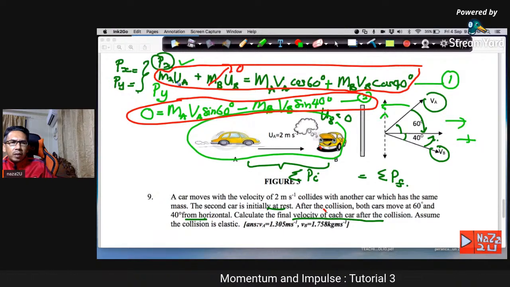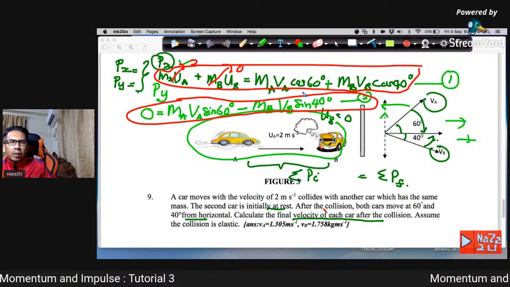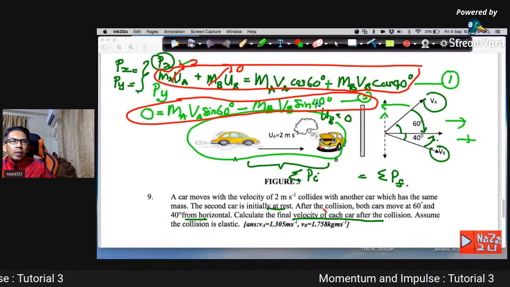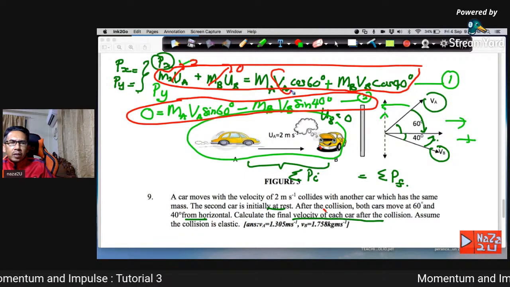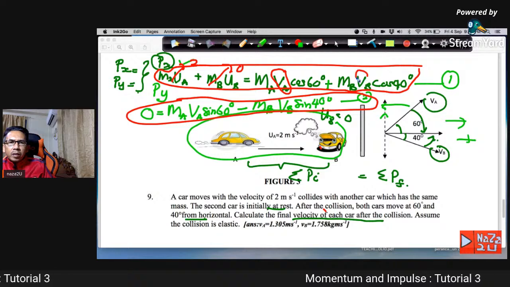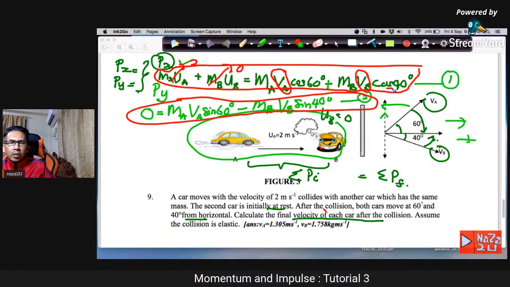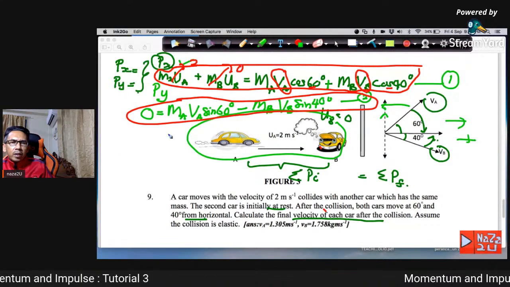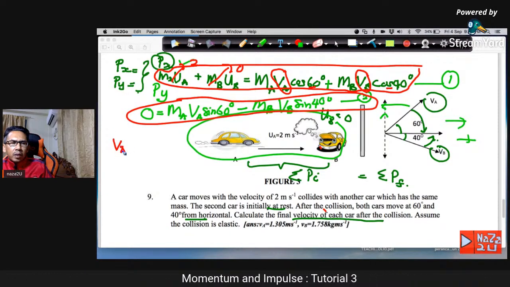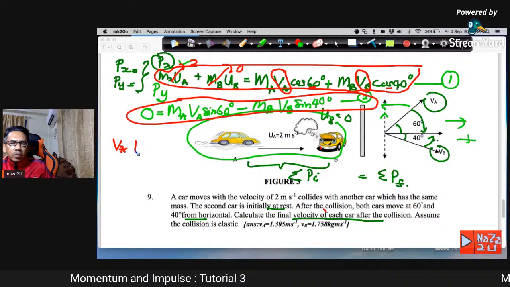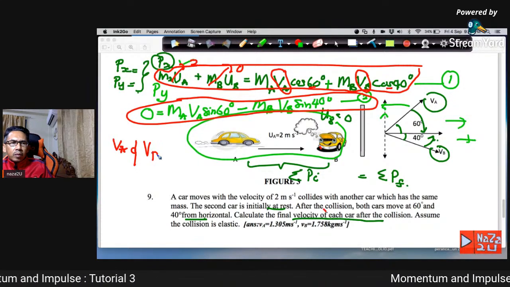Okay, VA sini kita ada, ini kita boleh gantikan. Lepas tu apa lagi, VA ini kita nak cari ya, and VB kita nak cari, and dua-dua ni adalah cos 40 dan cos 60. So meaning here kamu ada dua benda yang kamu tak tahu, unknown item kat sini, iaitu VA dan VB.